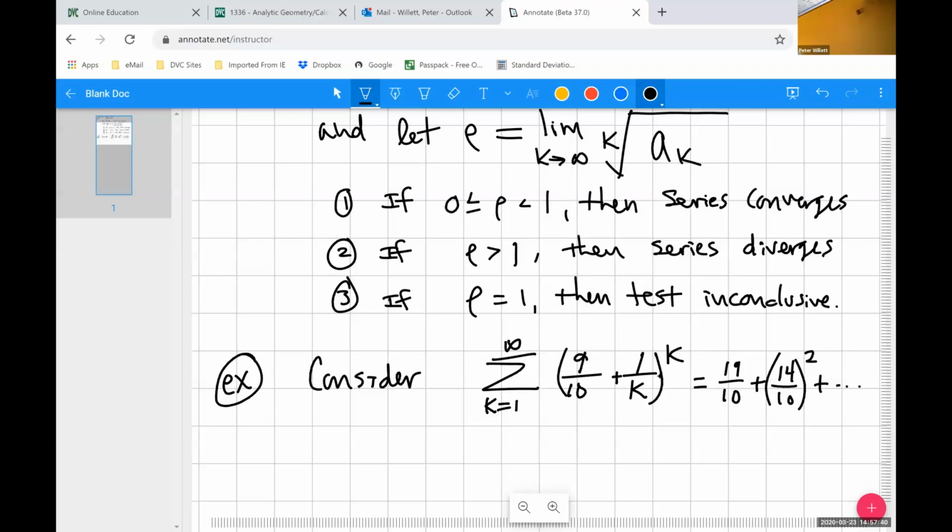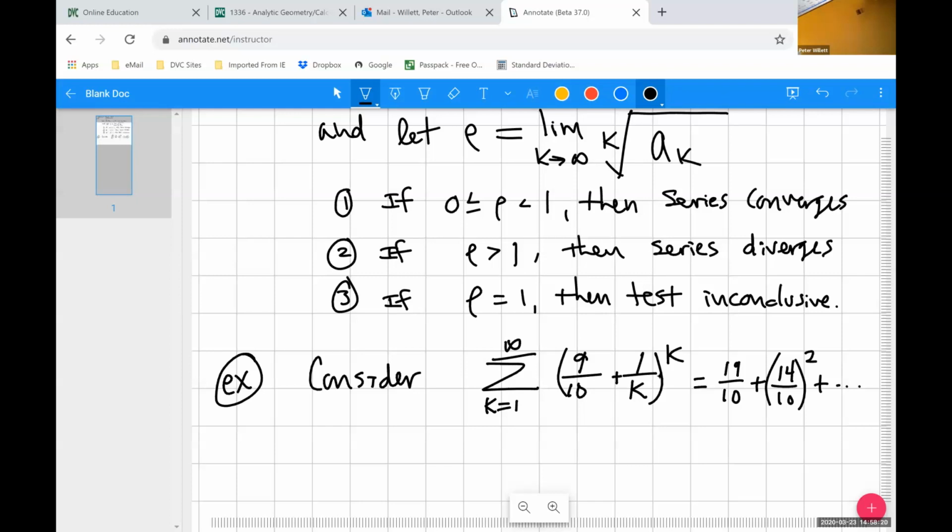However, it's going up to a power that's higher and higher each time, and then inside you have a number that's basically, as k goes to infinity, this part is shrinking away. 1 over k is kind of going to 0. So we kind of like to think that this is like 9/10 to the k, because this part ends up becoming insignificant. And 9/10 to the k, well, that's a geometric sequence. So that's something that you might think converges.